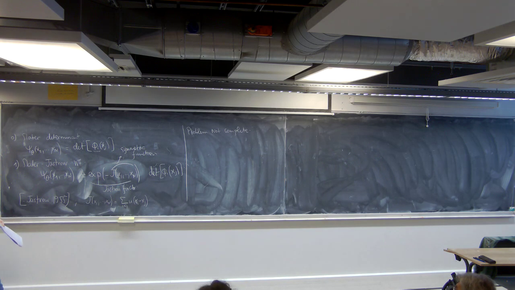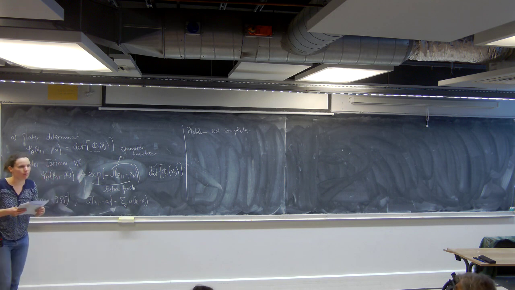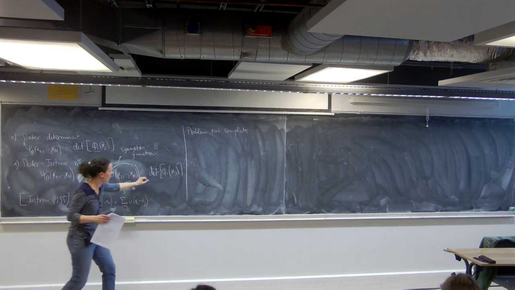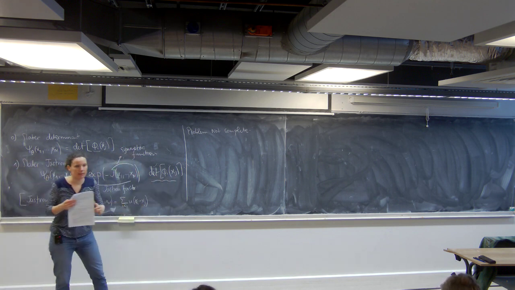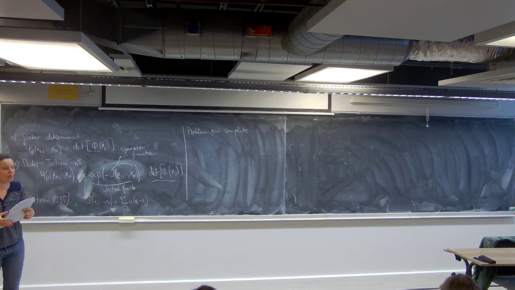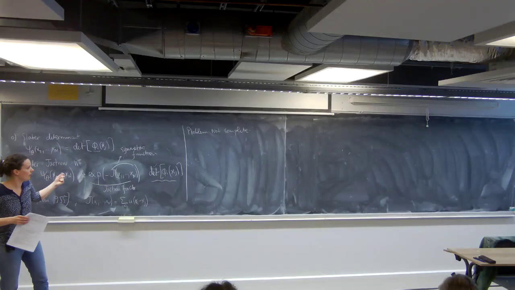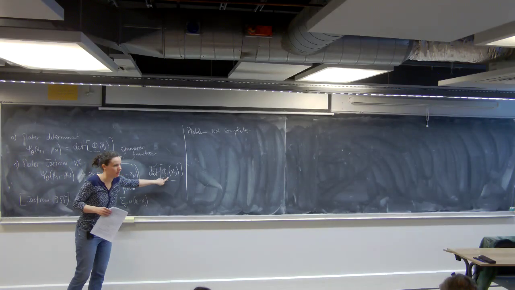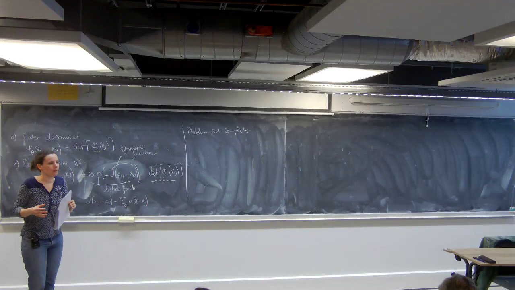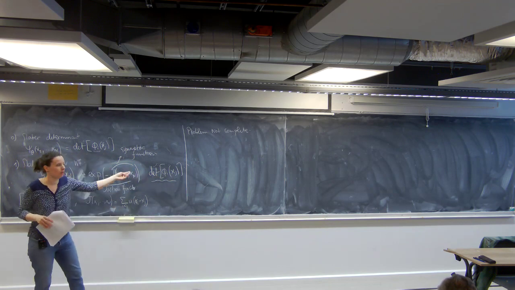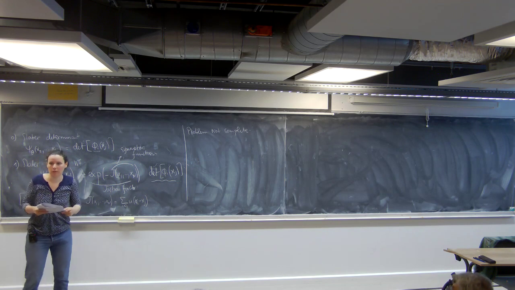A hand-wavy explanation is that it is related to the nodes of the wave function. The nodes are given basically by what you have in the Slater determinant, and they cannot be changed by the Jastrow factor. So if you fix the orbitals that you use here, you cannot generate all the nodes that you would want by just adding a Jastrow factor.